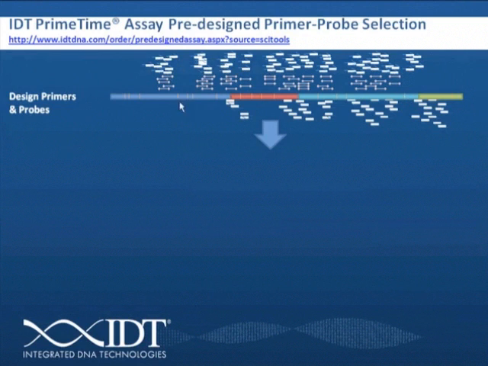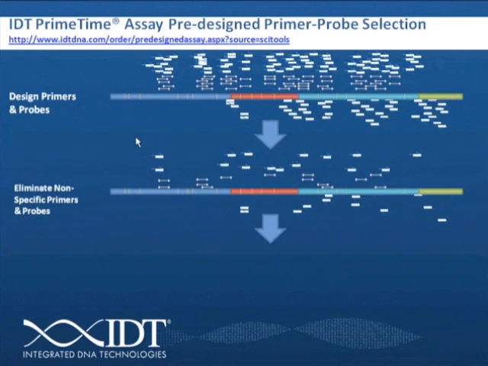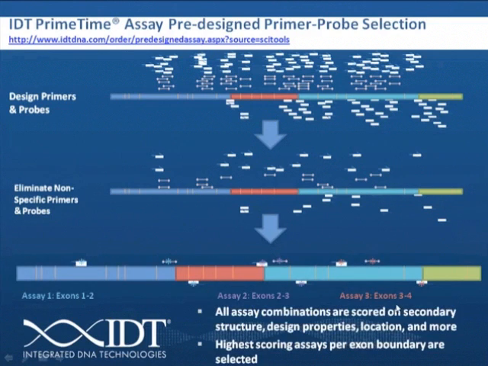So all possible primers and probes are designed, avoiding the SNP sites, and then all these sequences are blasted, and any sequences that cross-react are thrown out of the database, and finally they are scored based on secondary structure, design, location, and even the exons they span and different criteria. So this is all that goes into designing pre-designed assays.